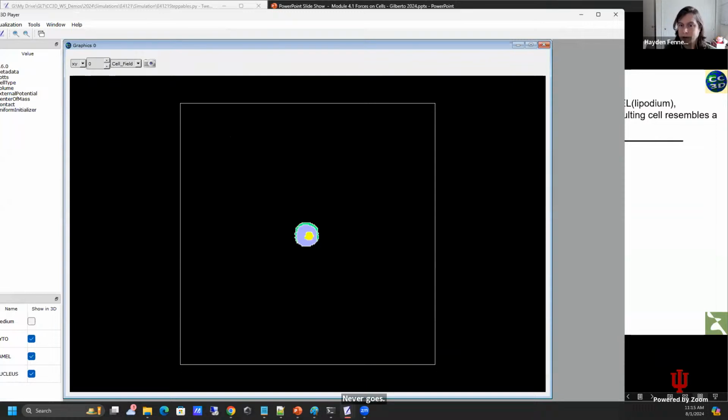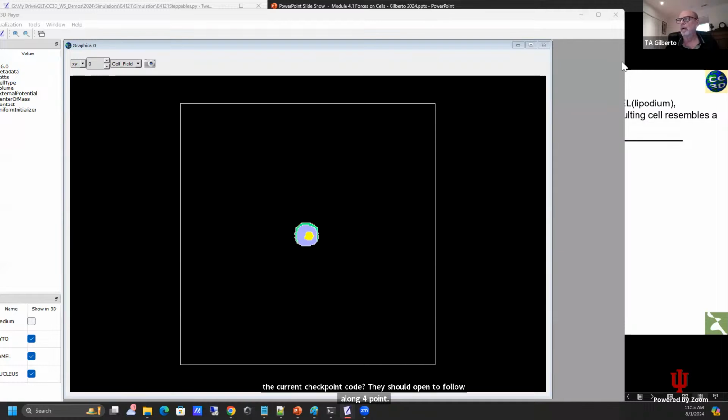What's the current checkpoint code they should open to follow along? Oh, yes, it's 412.